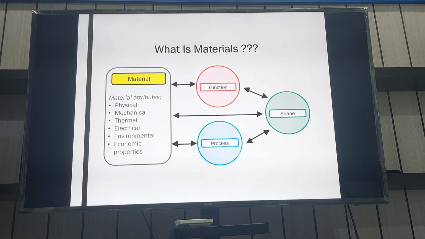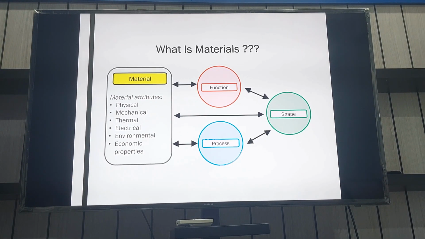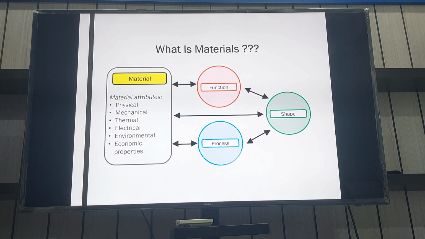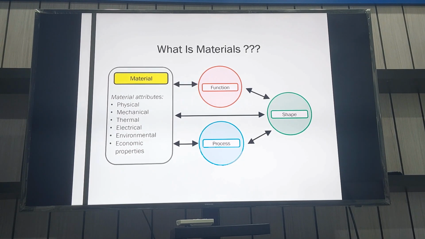You said before about brittle, ductile. How can different processes, a hot working process maybe, or a cold working process, change the material's mechanical attributes?